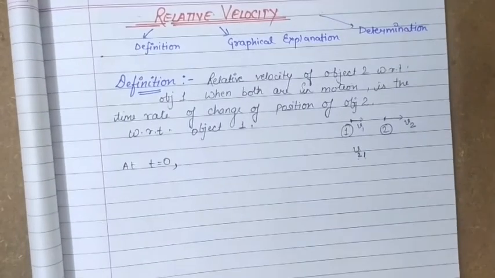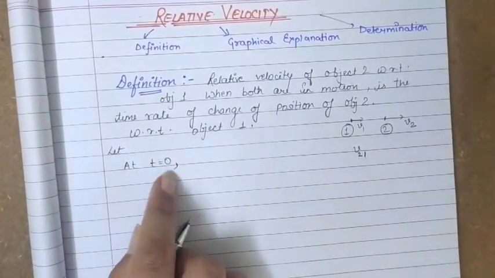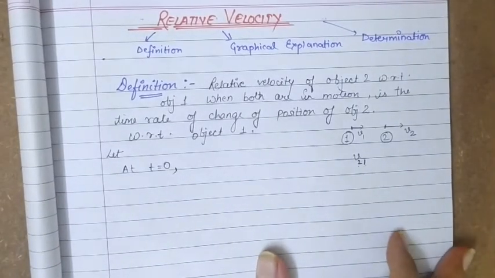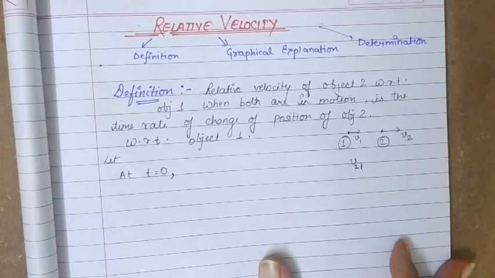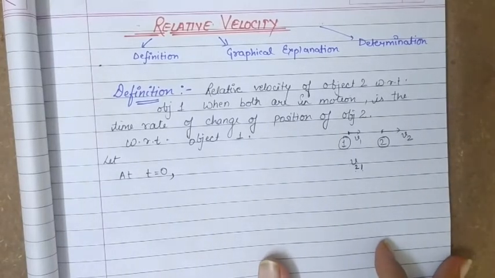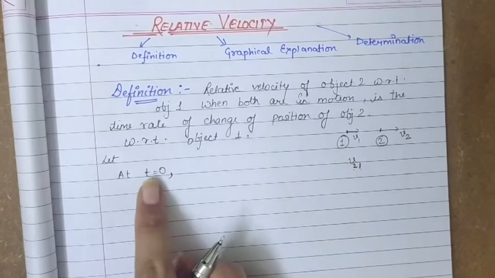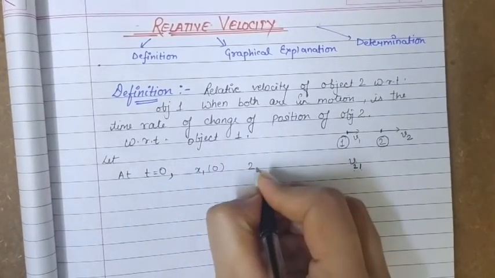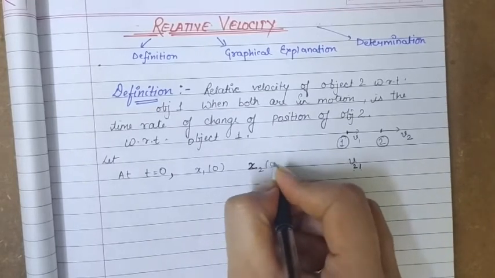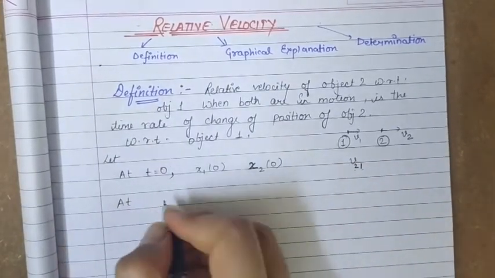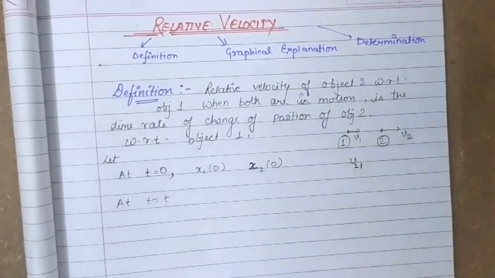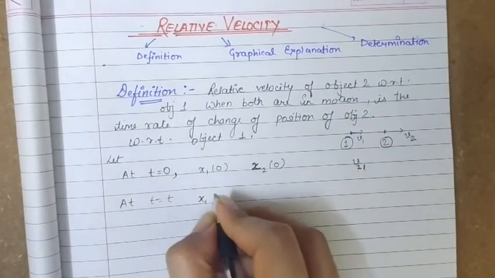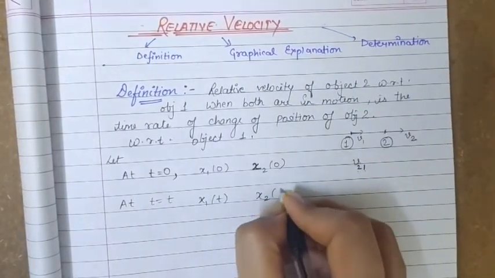We are talking about 1D motion, a straight line motion, so it will be a single coordinate x only. The position coordinates of these two objects at time t equal to 0 are x1 0 and x2 0. At time t, their position coordinates will be x1 at t and x2 at t.